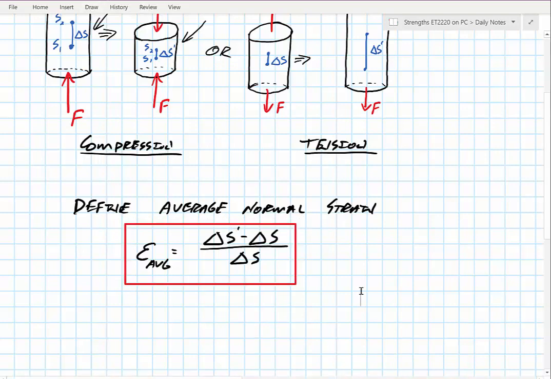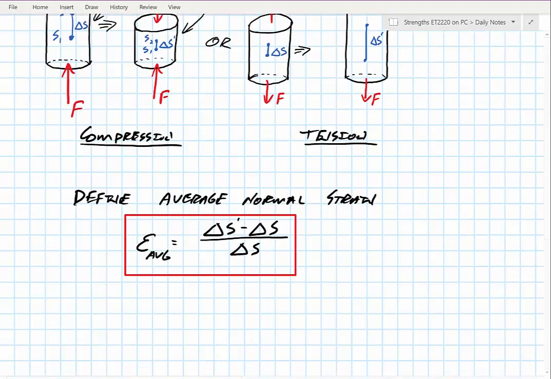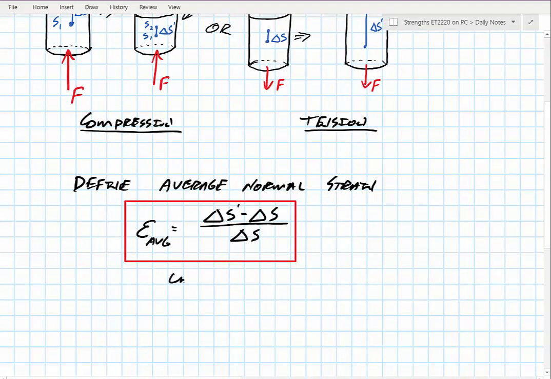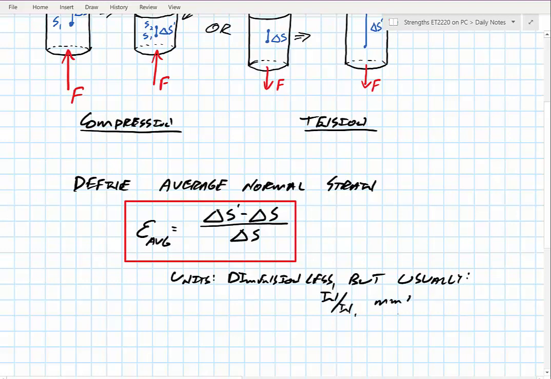And if you look at the units, what we'd have is something like inches over inches, or millimeters over millimeters. Whatever unit you have on the top, you'd have on the bottom. So in essence, this thing is unitless or dimensionless. But we put them in there anyways. So what we'll usually do is we'll just write it as inches per inch or millimeters per millimeter.